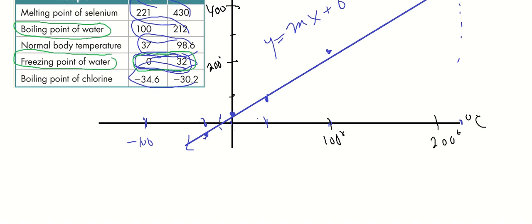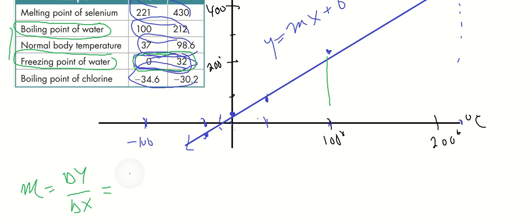To get the slope, which is m, it's the change in y over the change in x. That's rise over run, sometimes you say. In the y direction, we take the boiling point minus the freezing point. That's 212 minus 32.